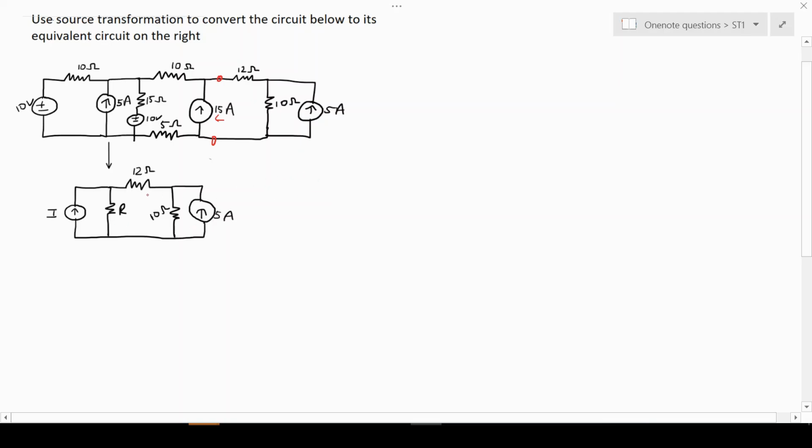Right, so let's begin with that. Starting on the left hand side, we can convert the voltage source in series with a resistor to a current source in parallel with a resistor.